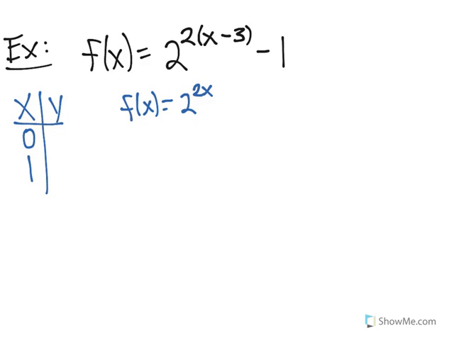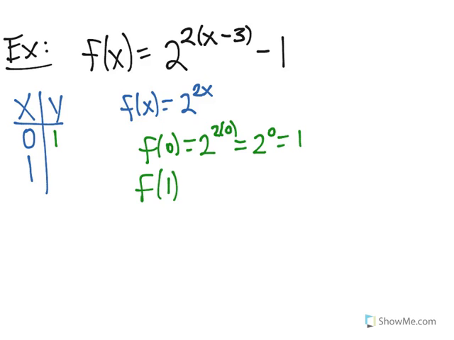If I put 0 in there, I know that f(0) is 2 raised to the 2 times 0. That's 2 raised to the 0, which is 1, so 1 goes there. Then f(1), putting in 1 for x, 2 raised to the 2 times 1 is equal to 2 squared, which is 4. So 4 goes in for my y.